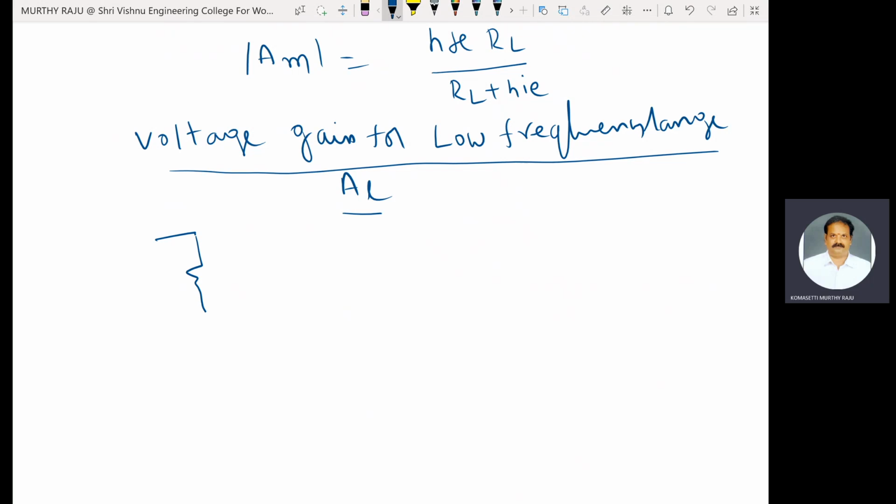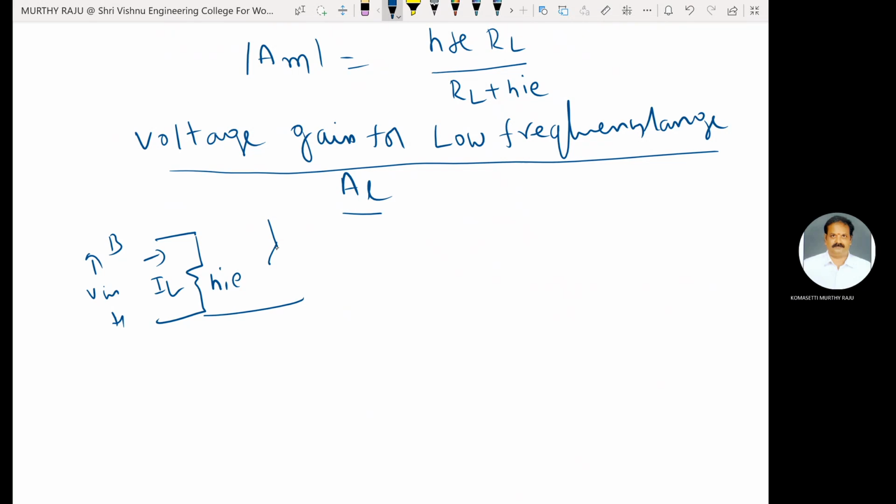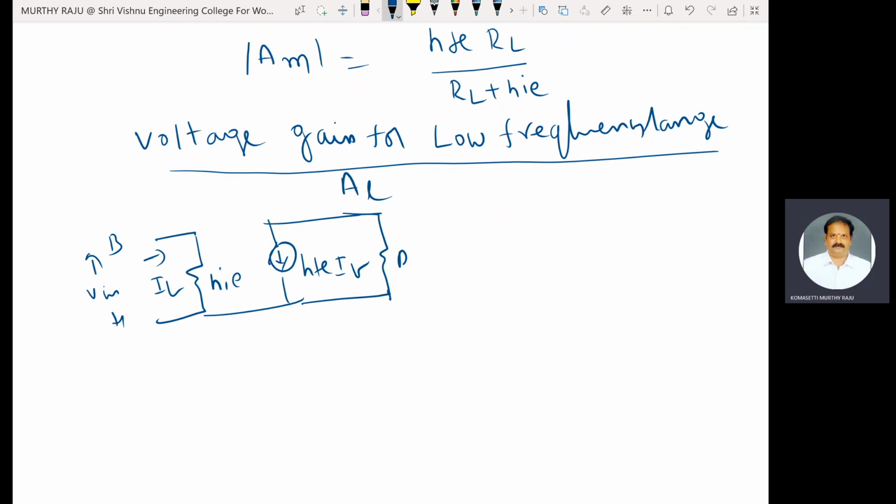Draw the circuit diagram. This one is HIE, V in, IB, HFE IB, RL. This one is RL.